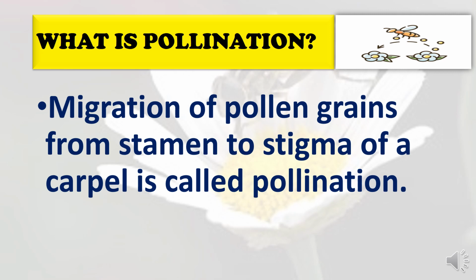Now pollen grains are transferred to the stigma of the pistil. Stigma is the sticky part of the pistil, where the pollen grains need to be transferred. This concept of transferring, migration meaning movement or transfer of pollen grains to the stigma, is called pollination.